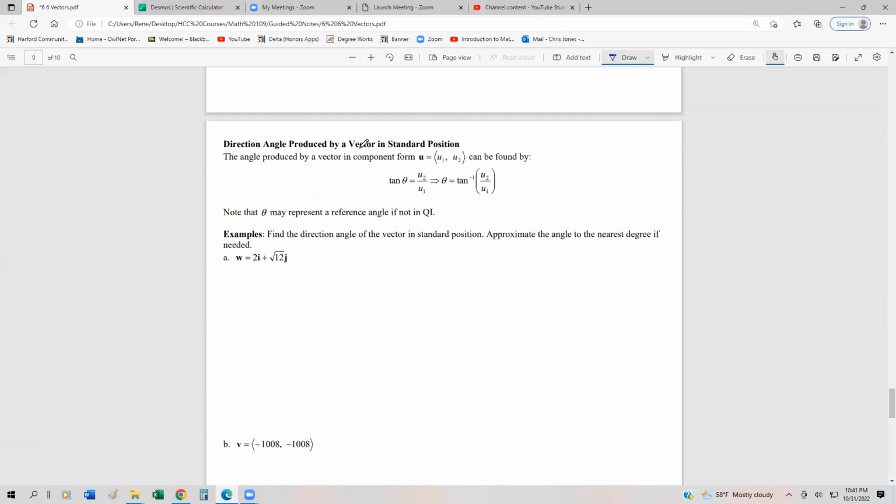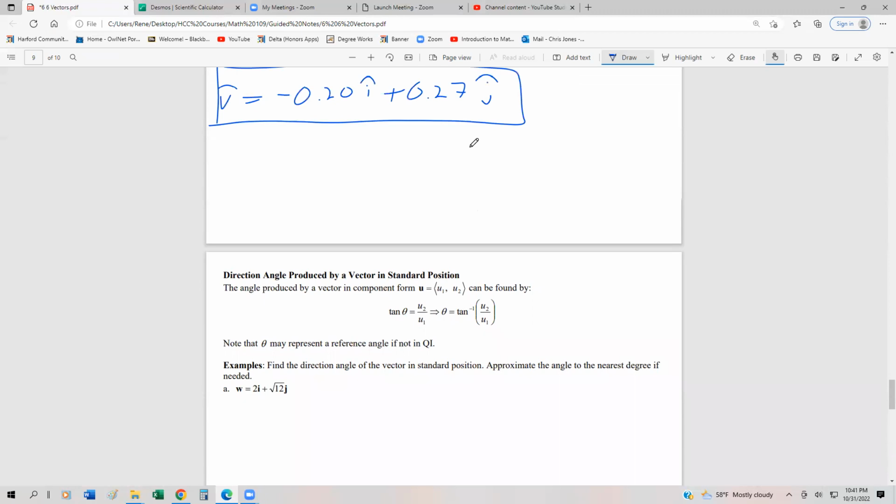One last thing that we can do is find the direction angle produced by a vector in standard position. So let's say for some reason we had our vector and it looks something like this, and we had an angle theta. Well, we remember that one way to write it would be the magnitude in the x direction, which would be magnitude v cos theta i.